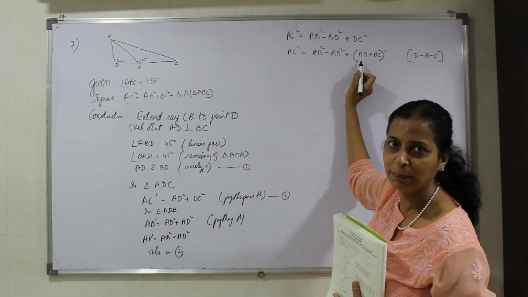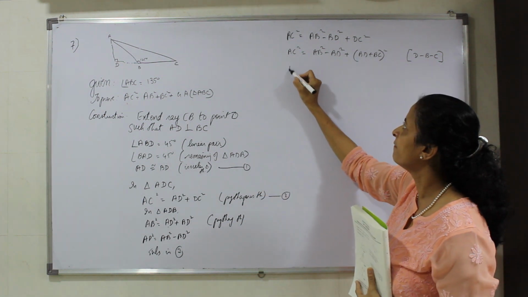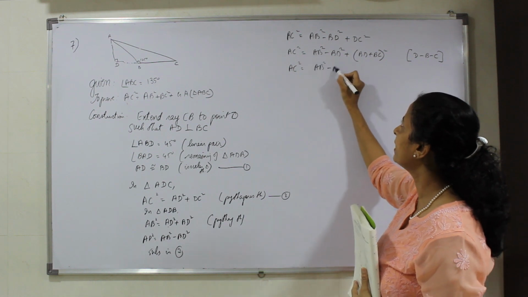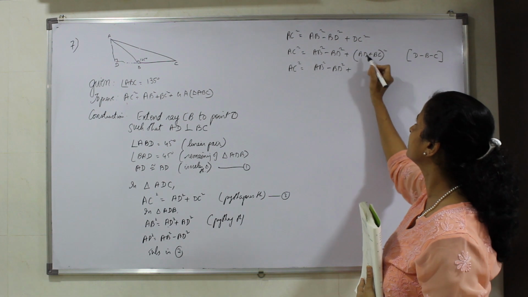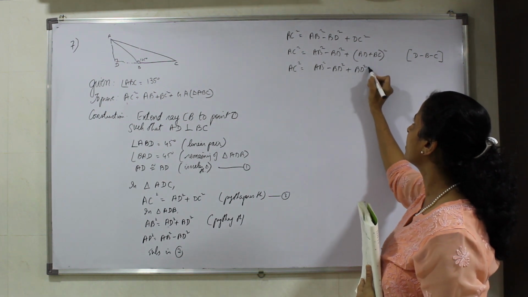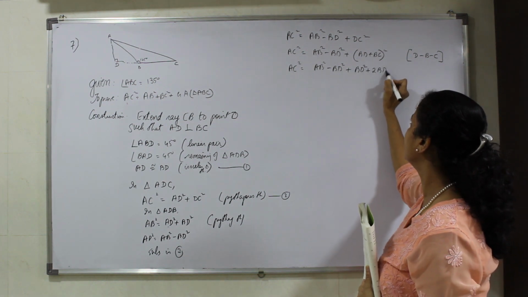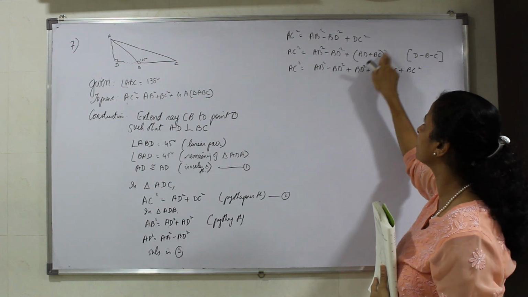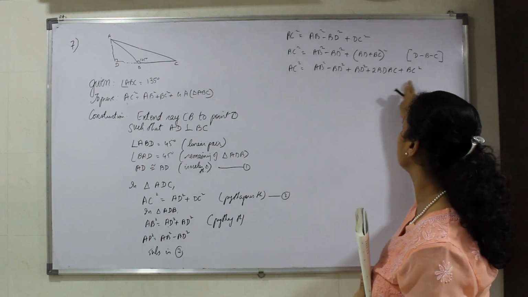If you open this with the help of A plus B the whole square formula, we have AC square is equal to AB square minus BD square plus BD square plus 2 times BD into BC plus BC square. It goes with the formula A plus B the whole square, A square plus 2AB plus B square.